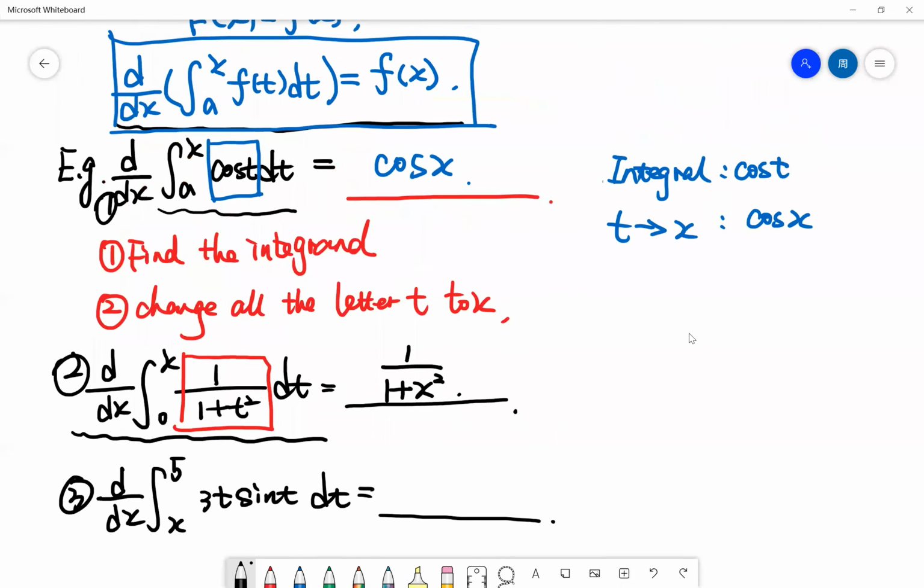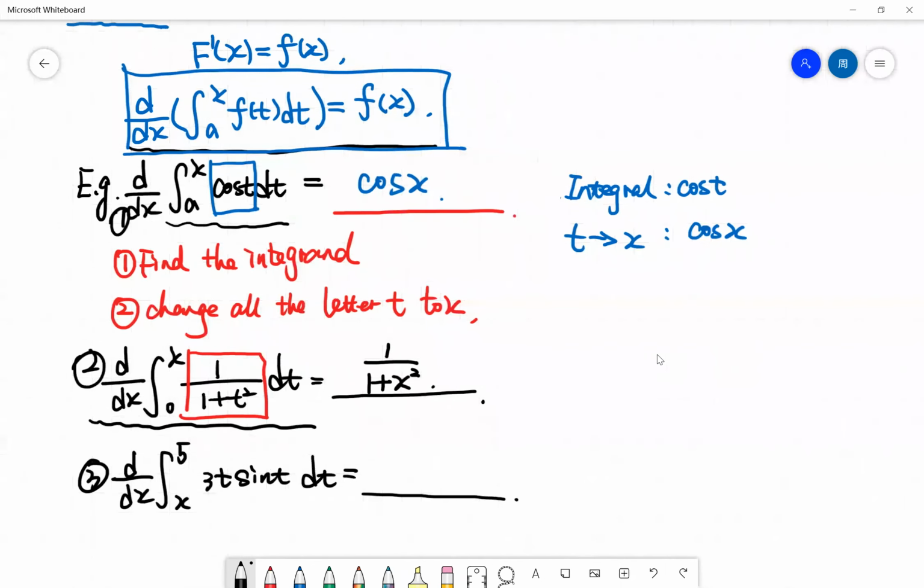If you want to complete this question correctly, please be careful to compare the formula in the blue rectangle and the question. Compare these two parts and check again. Is it correct also?